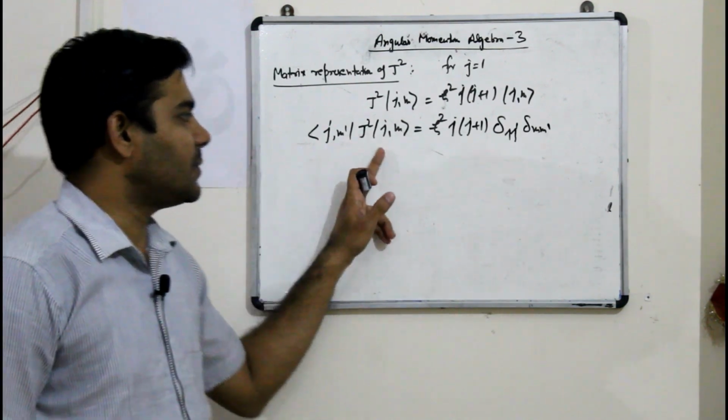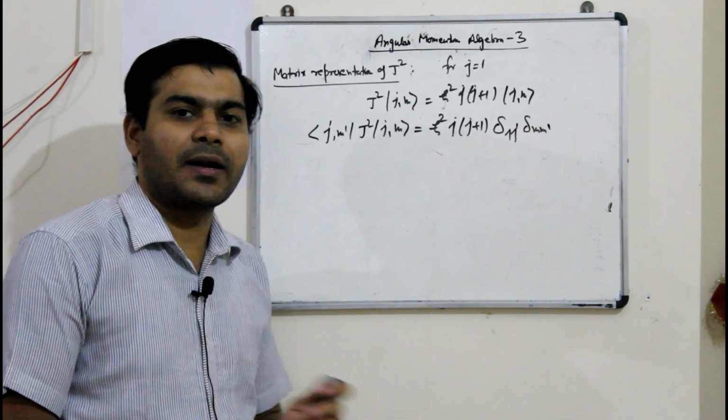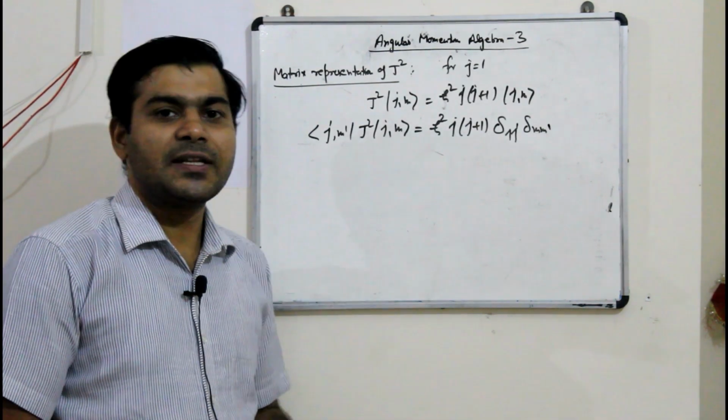It means if j equals j' and m equals m', only then we get a non-zero value. Otherwise, we will get zero on the right hand side.